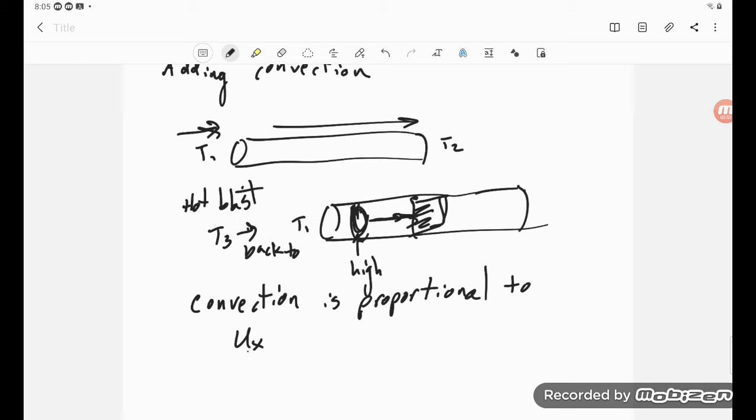So the bigger the convection, the more likely you'll see that big oil slick moving down the stream, whereas with the bigger diffusion, you would see the oil slick when it first appeared, but it will spread out very quickly, and you might not notice it as a big blob.